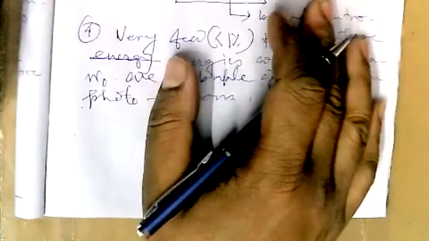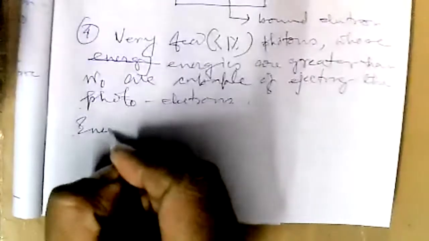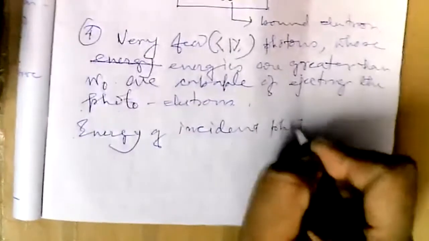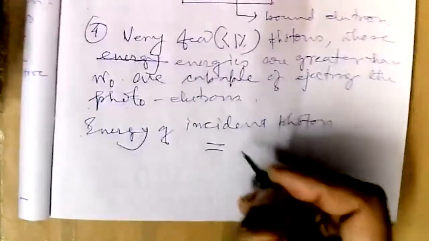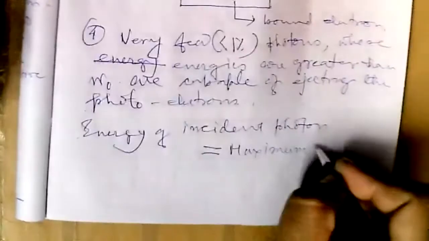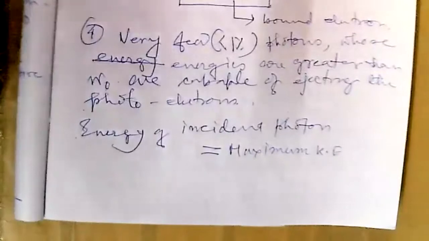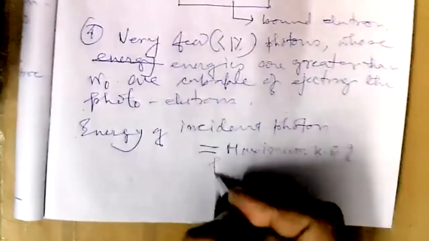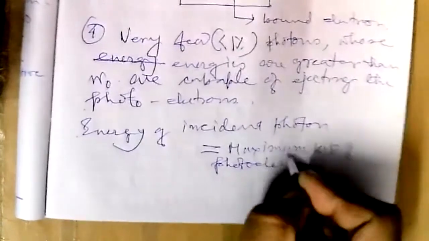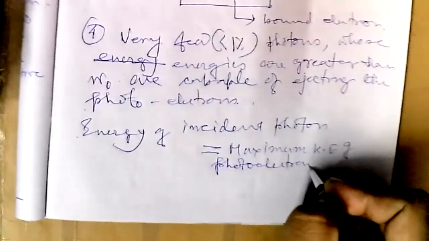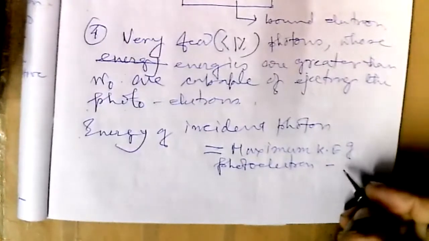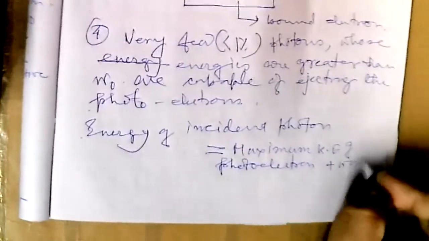Now, by the conservation of energy, the energy of the incident photon is equal to the maximum kinetic energy of the photoelectron plus the work function.